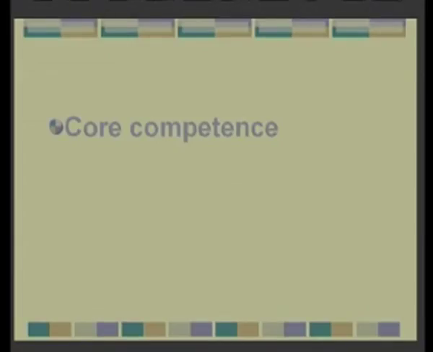Core competency, we were talking about core competence. Every organization and every individual has some core competence. So, we have to find out whose core competence is of what type and what the organization's core competence is. If you are good in, say, design and development, then you have to concentrate more on that.